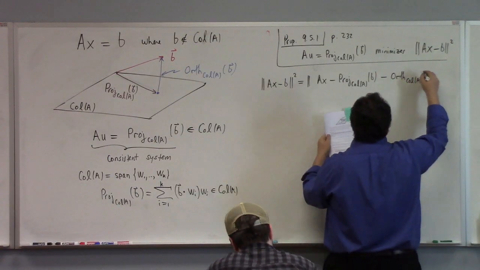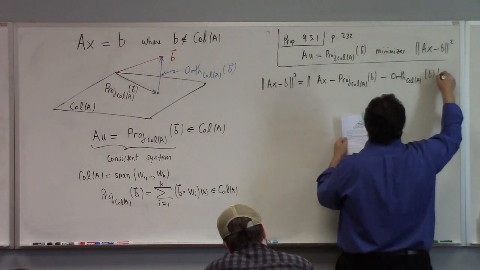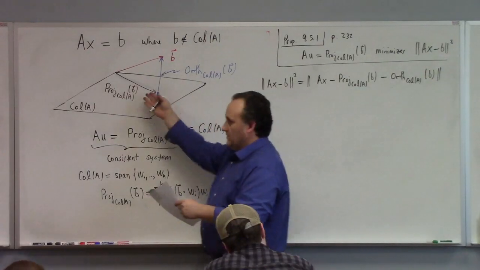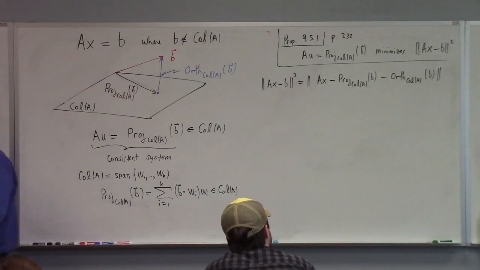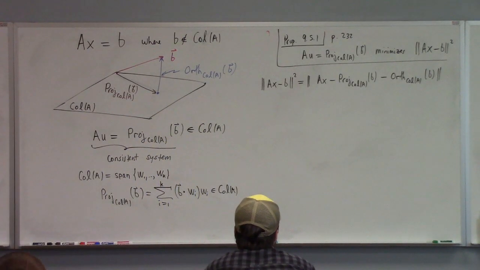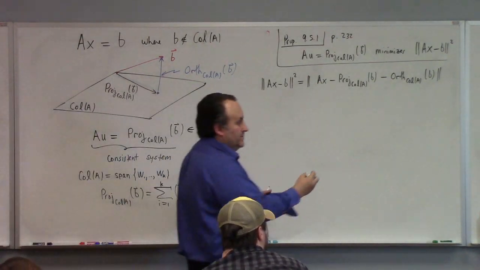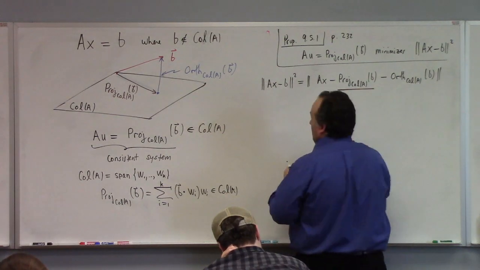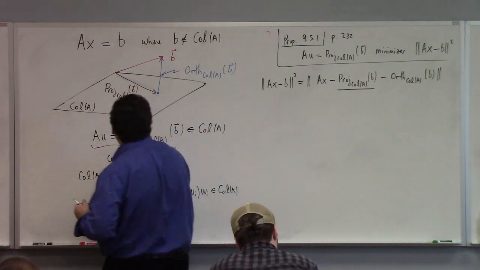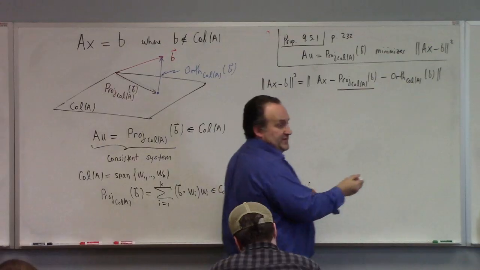So I'm breaking B into its two pieces. B has two pieces: it's got the piece which is like this, and then the other piece, like in my picture, is like this.